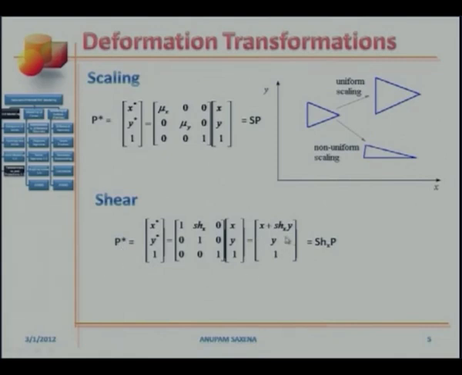Realize what has happened to the new x coordinate. It has, of course, altered to a new value x plus sh sub x times y. The y coordinate, however, remained the same. Once again, this is a case of shear along the x direction.